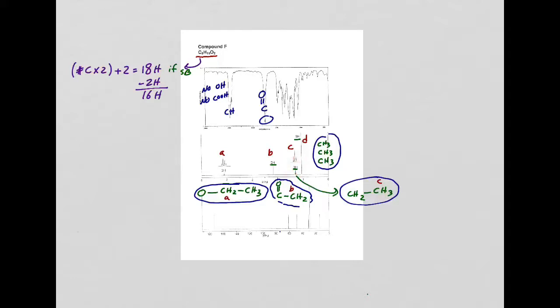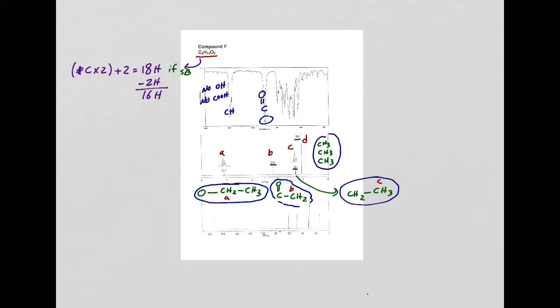Most likely, the neighbor is a CH2, because 2 hydrogen plus 1 is 3, so this ends up being a triplet. And over here, I have 9 hydrogen in 1 peak, so likely I have 3 equivalent methyl groups attached to a carbon that has no hydrogen. So far, so good. This is not bad.